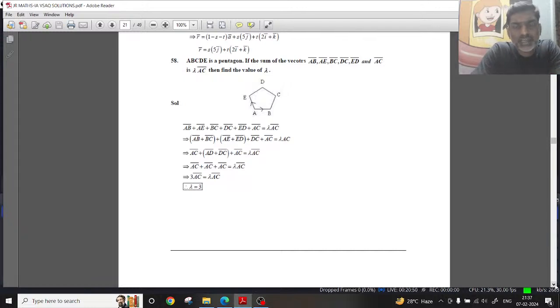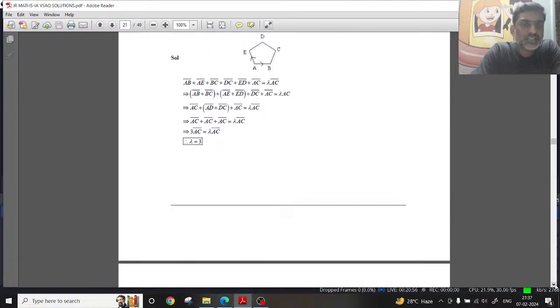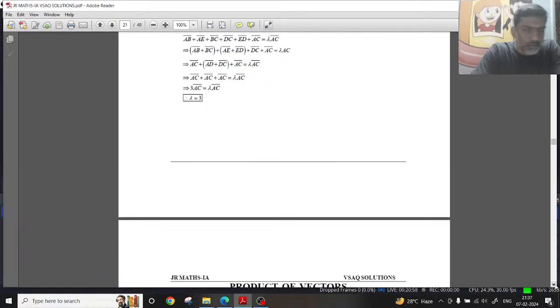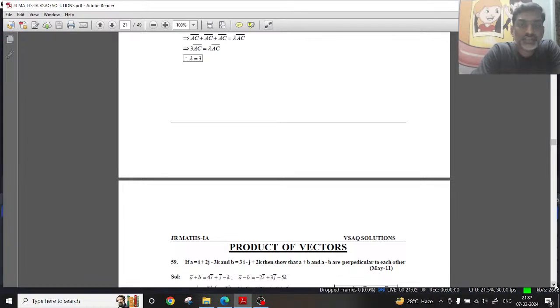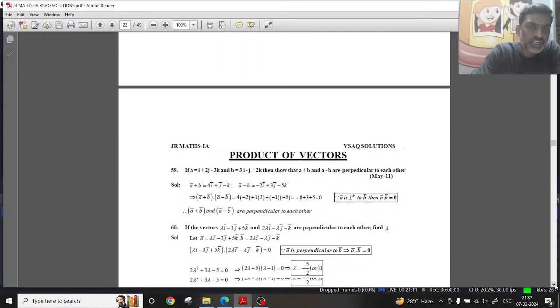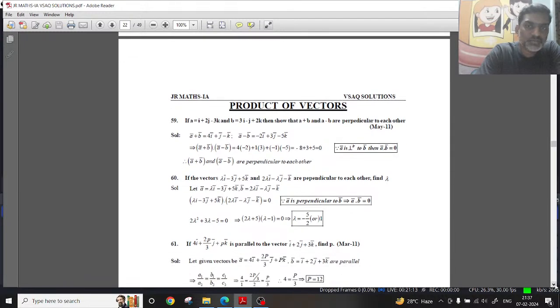Take all the sum and use the triangle law of addition and simplify. Then you can get lambda equals 3. That's about addition of vectors. So in addition of vectors, substitutions, collinear, coplanar, and vector equations are important. Got it? Next, product of vectors.